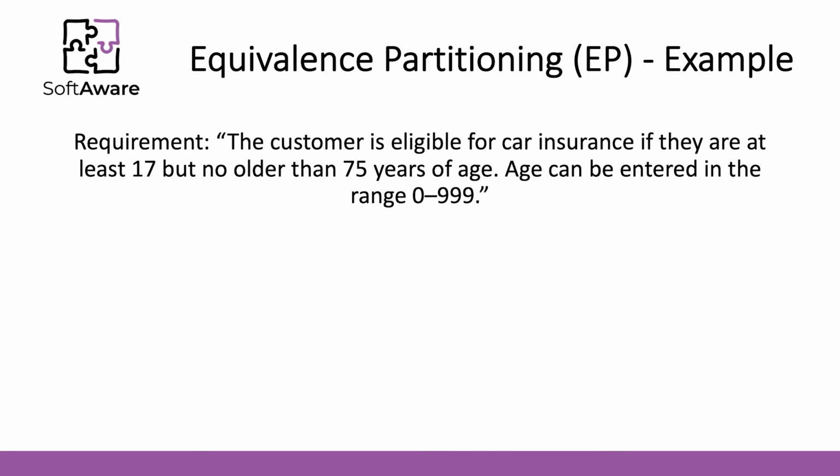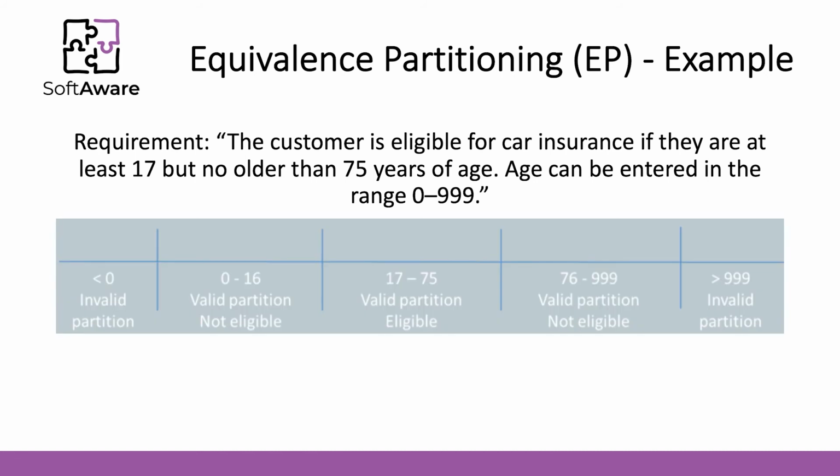We see a couple of numbers appearing in the requirement: 17, 75, 0, 999. So there are 4 numbers present in the requirement that should be used somehow. The input that the system receives is the age of someone, and the expected results are mainly related to whether that person is eligible for car insurance or not.